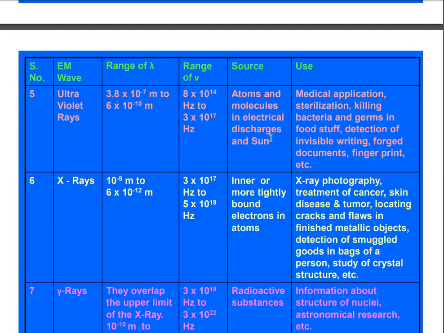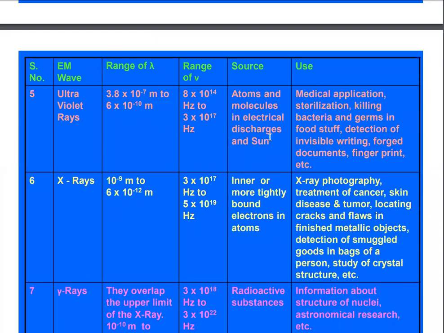Because of its high frequency, it can kill bacteria and germs in foodstuff. It is also used for detection of invisible writing and forged documents. Fraud documents can be detected with the help of ultraviolet radiation. Forensic labs also use it for fingerprint detection.